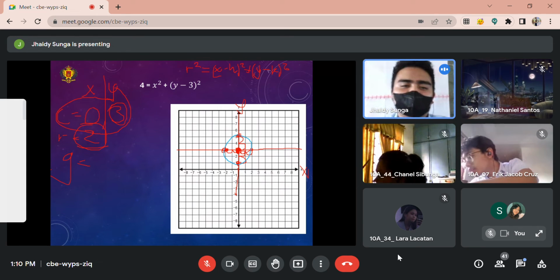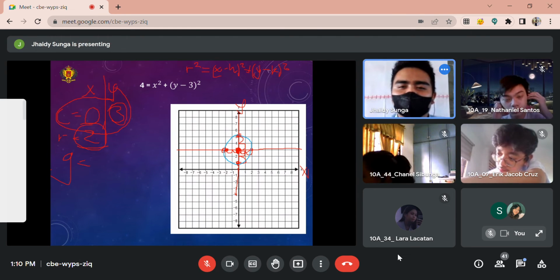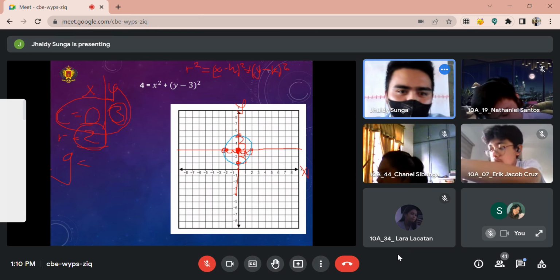Some other sections really use things in order for them to draw the perfect circle in a unique way. So may I know what did you use?